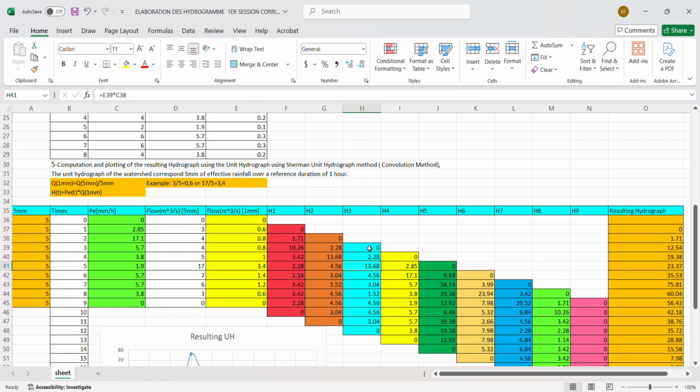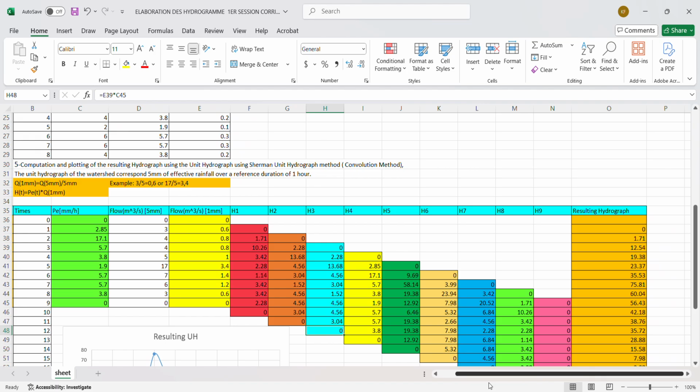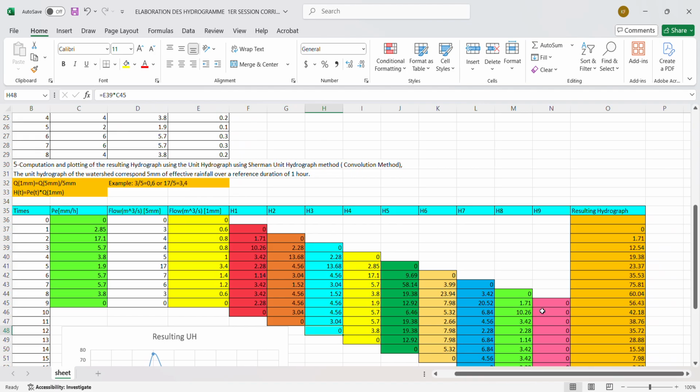I already explained why we are 0 here. We are 0 here because our time is 0, and because at time 9 we are 0 value. That's all. Also we do the same. At 9, our flow rate for 1 millimeter at 9 we are 0, but you can do the same process.